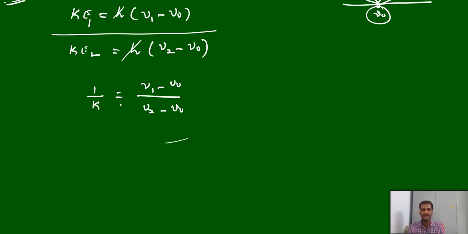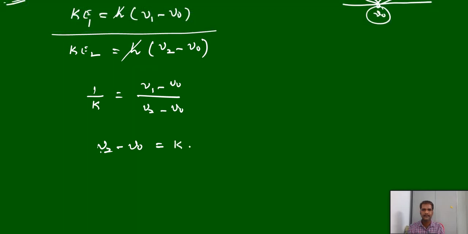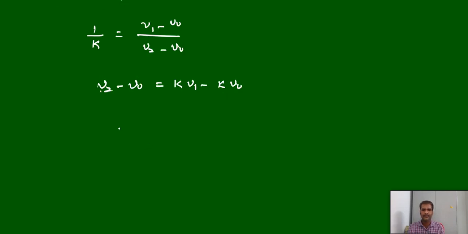If you simplify this, what do you get? nu2 minus nu0 is equal to k nu1 minus k nu0. From this, k nu0 minus nu0 is equal to k nu1 minus nu2.